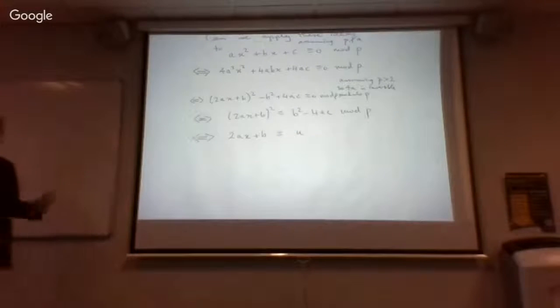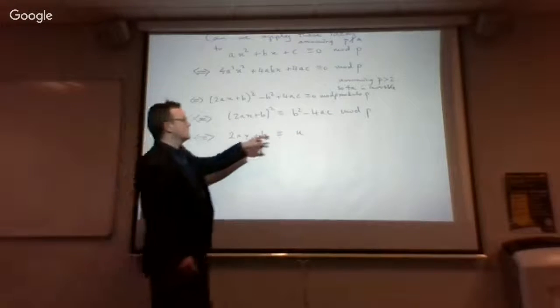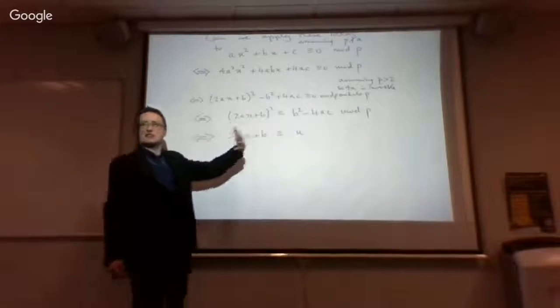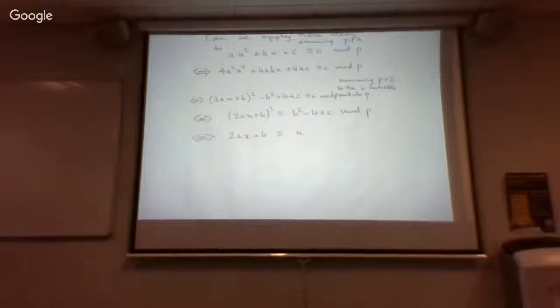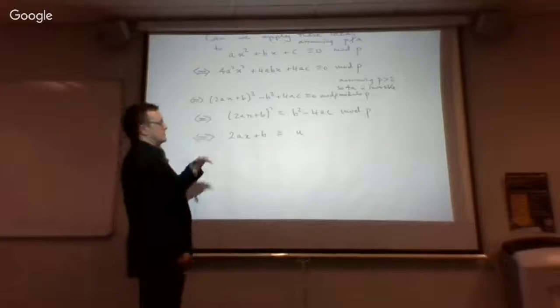Now, we tend to not use the square root symbol when we're talking about square roots in modular arithmetic. We tend to use the term quadratic residue or quadratic non-residue, and we don't really use the square root sign, just to not confuse it with real numbers.